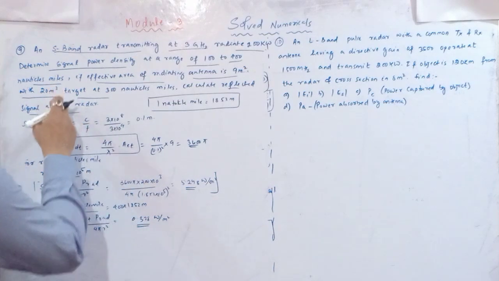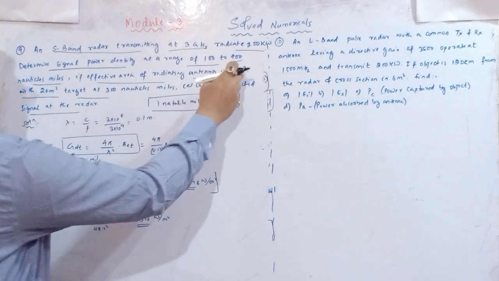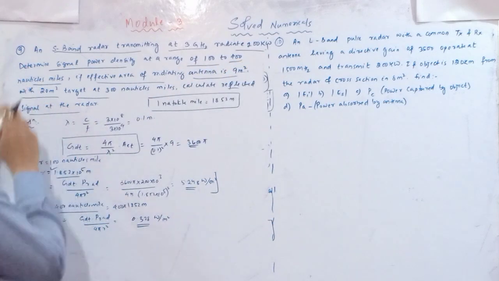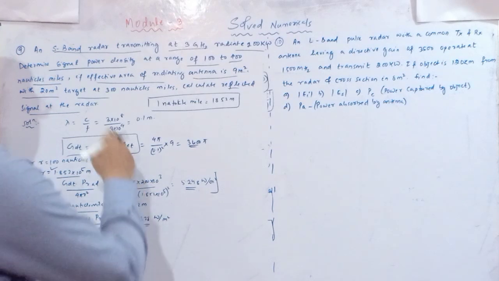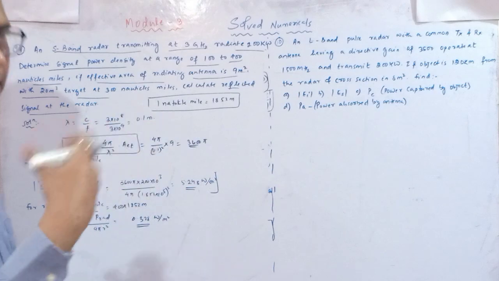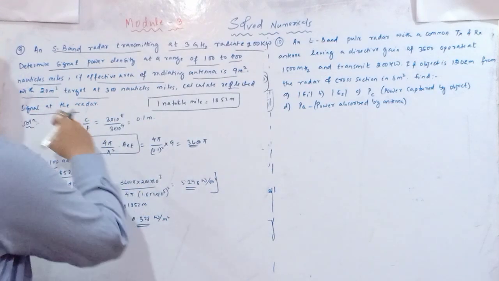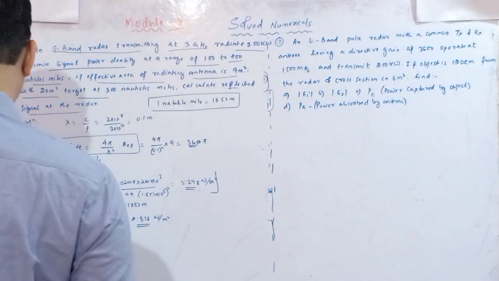Next, here it is asked, if the effective area of the radiating element is 9 meters square with a 20 meters square target, at 300 nautical miles, calculate the reflected power. Means what is the power received. So area is also given for the received one as 20 meters square. For that we are going to solve.